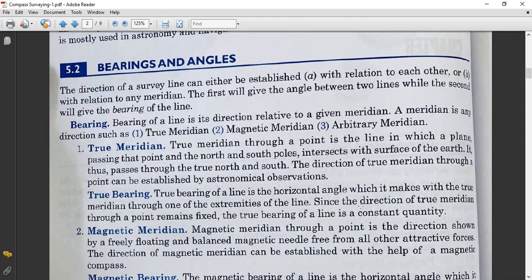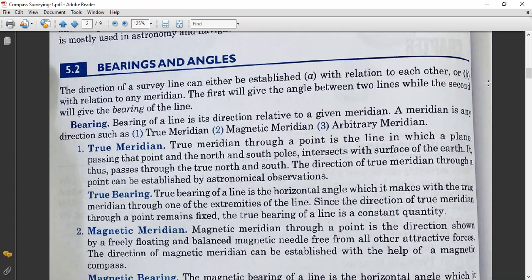Suppose you have line AB and line BC from the same common point B, and you measure the direction of AB and BC from that point. Then the separation between those two lines gives you the angle, not the bearing. So an angle is the direction of a survey line with relation to each other.